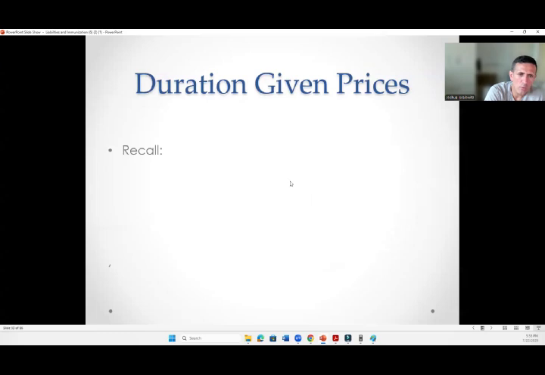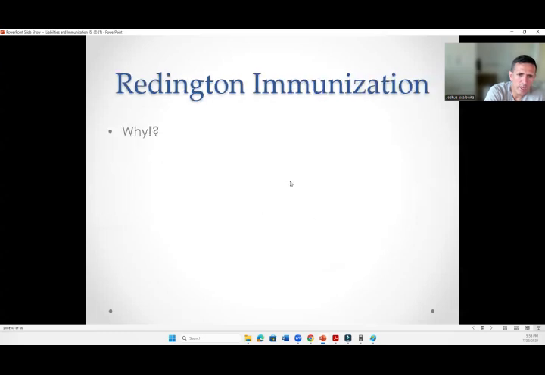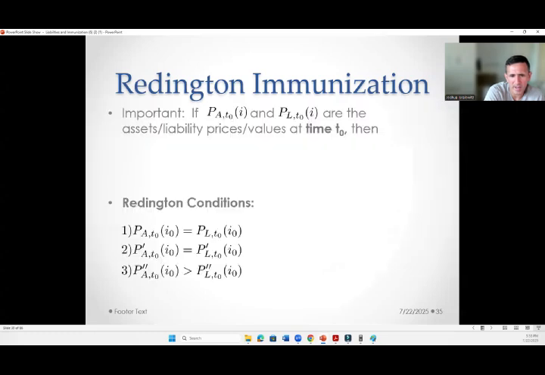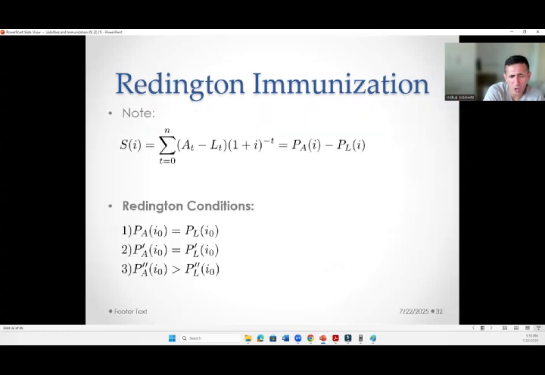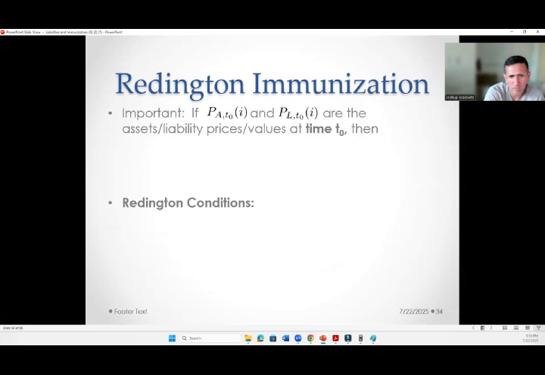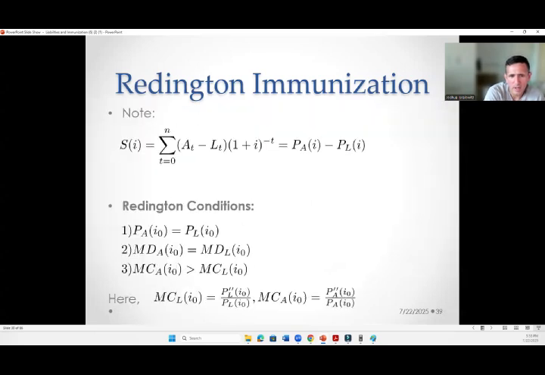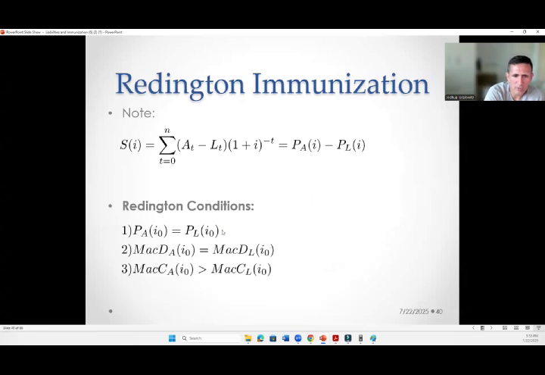Okay, so what I want to do next, and this is just something to keep in the back of your head. I admittedly don't see this too often on Exam FM, but it's easy enough to keep in the back of your head. I want to put this to very good use. What I have here is quite special.